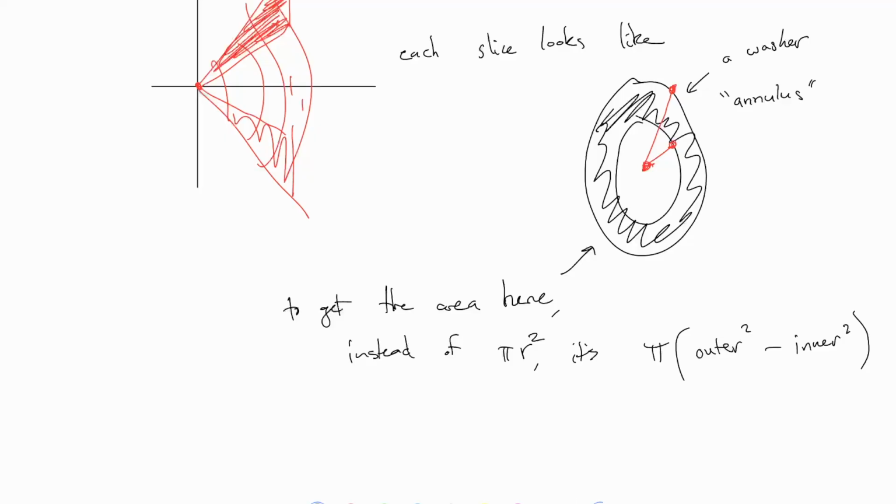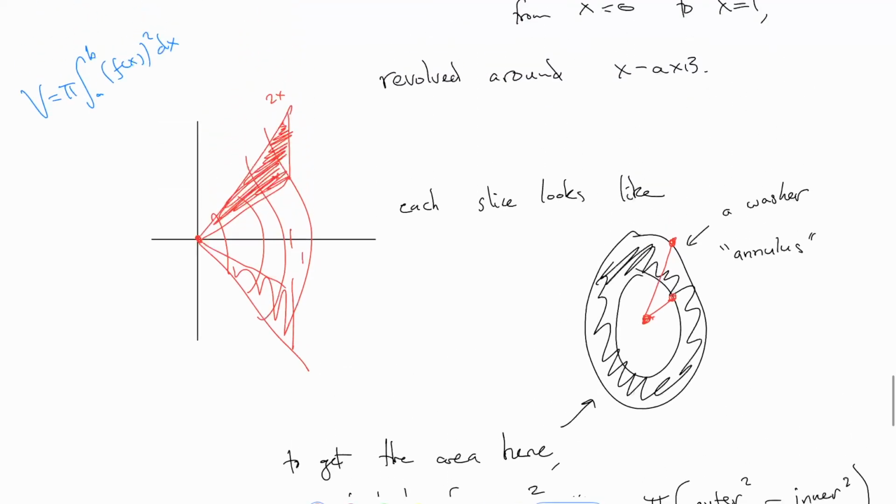This is the area of the outside of the whole thing, and then you subtract away the area of the inner part. That's the same as pi outer squared minus pi inner squared, but I factored the pi out. So in terms of the volume formula, instead of just f of x squared, it's going to be the outer squared minus the inner squared.